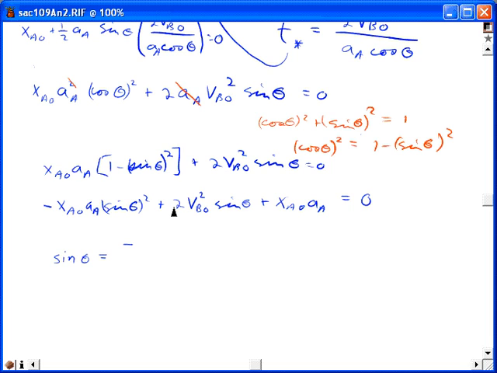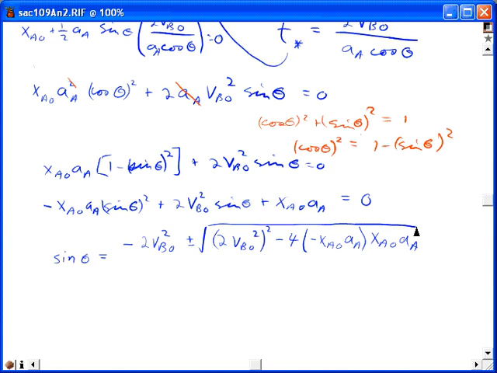Sine of theta is going to be equal to minus b, which would be this term, plus or minus the square root of b squared, so that'll be 2 VB0 squared, all squared, minus 4ac, where a is that minus x A0 a sub A, and there's the c, x A0 a sub A, all divided by 2 times my a term, which would be that minus x A0 a sub A.